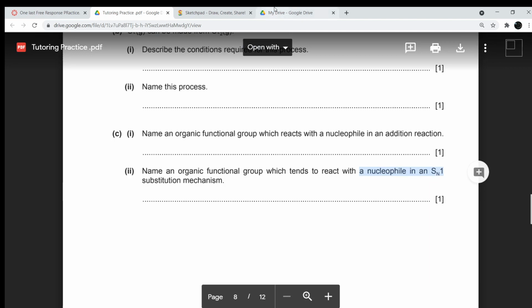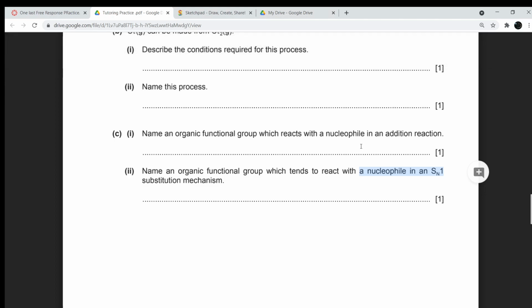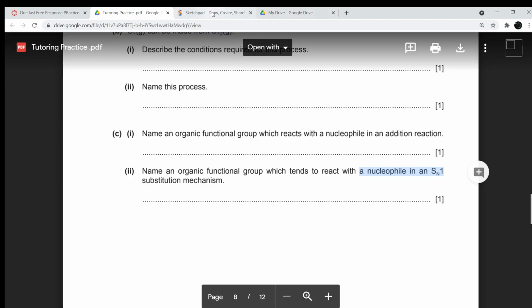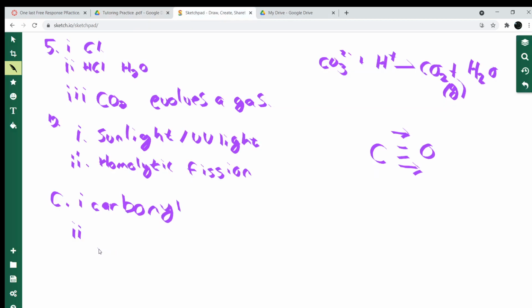I have to think about what's going to be the best. In this case, it's often going to end up being a haloalkane. A haloalkane is going to work on this one mainly because it's going to be able to pull onto that electron a little bit better, and it's going to stabilize it. So that's why I'm going to say haloalkane.